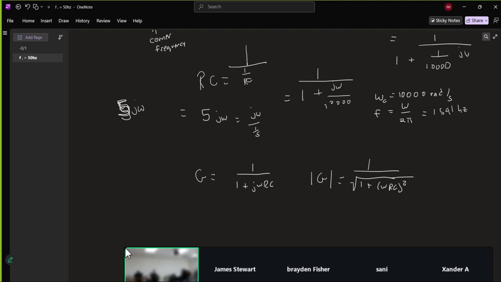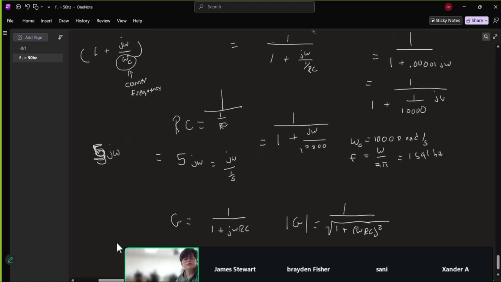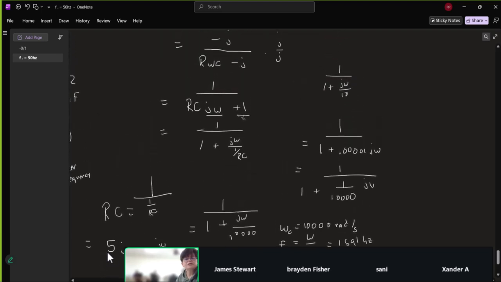Instead, I'm just going to see how we would draw the Bode plot for this. So, how would we draw the Bode plot for our function right here? If we had 1 over 1 plus 0.0001 j omega.